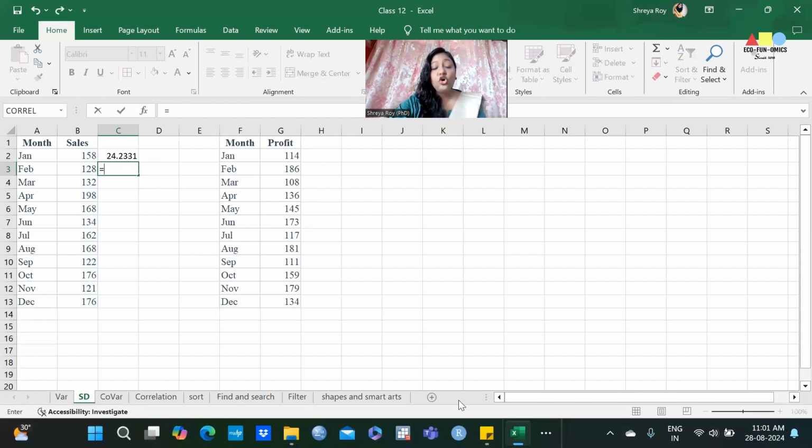Obviously the variance value is going to be higher than the standard deviation value because standard deviation is the square root of variance.